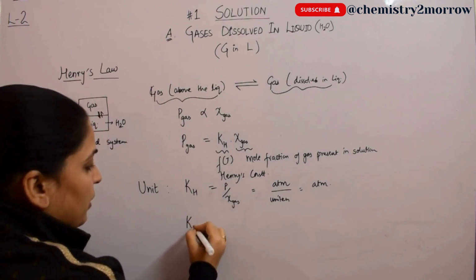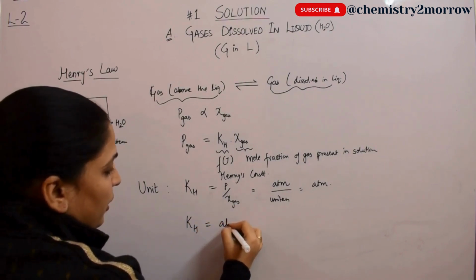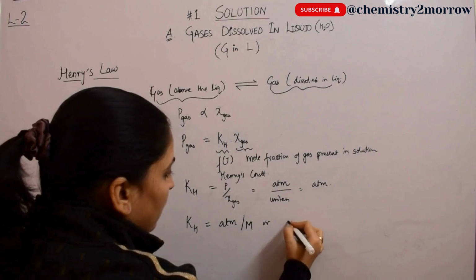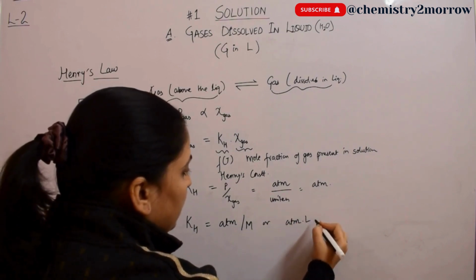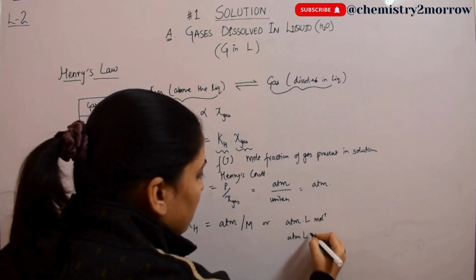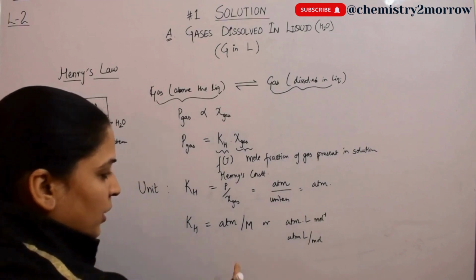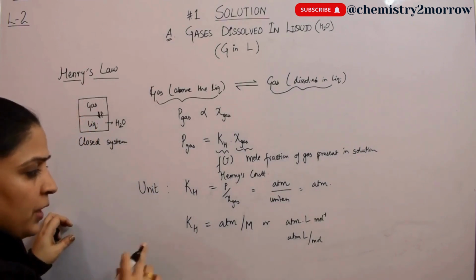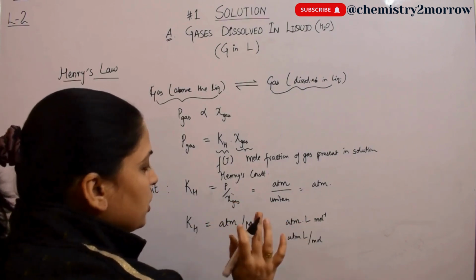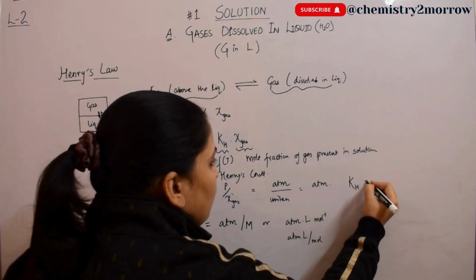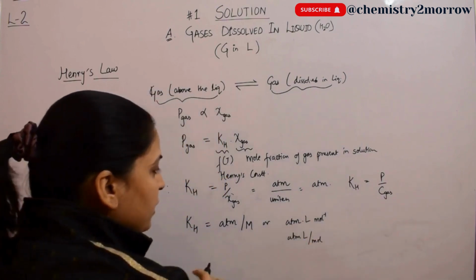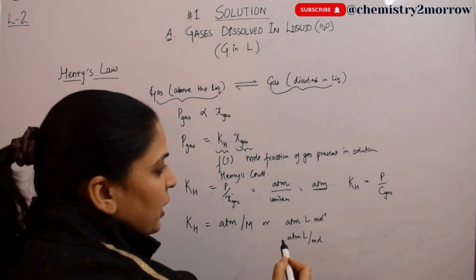Suppose you are given KH in terms of atmosphere per molar or atmosphere liter mole inverse, or written as atmosphere liter per mole. If this is the unit of KH, then it means the denominator is not a mole fraction but it is a concentration. So in that case, KH will become P upon concentration of the gas. So always take care of the units of KH given in the question.